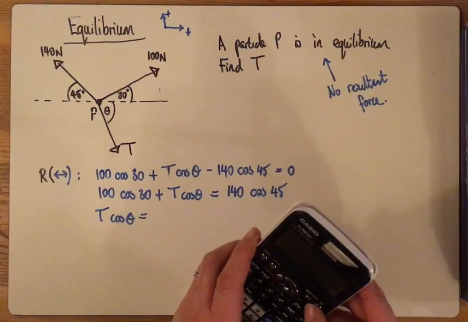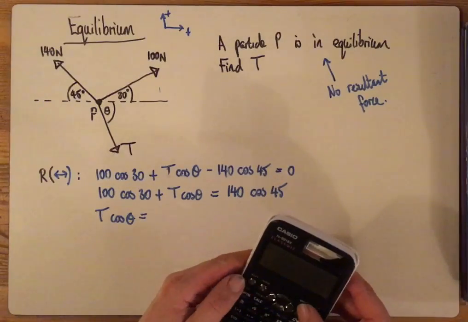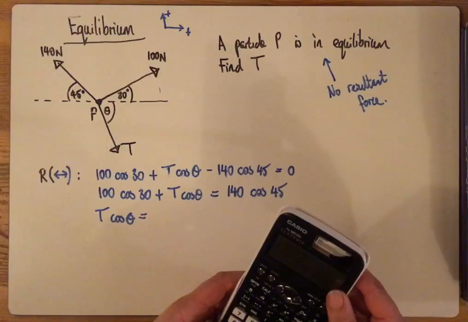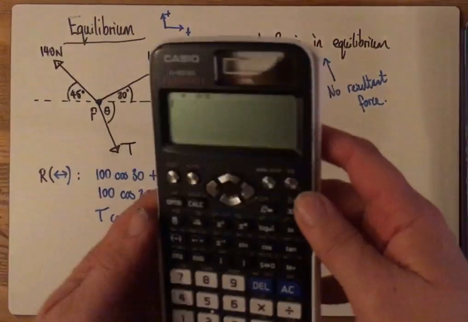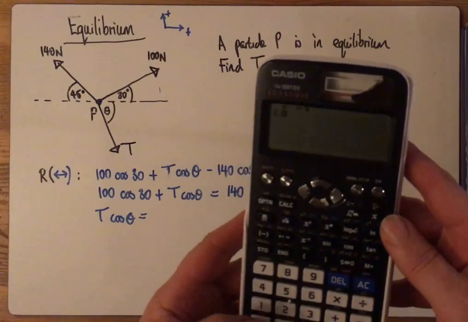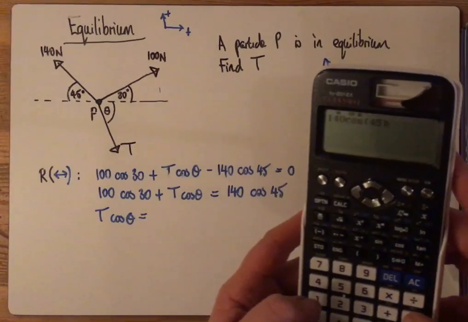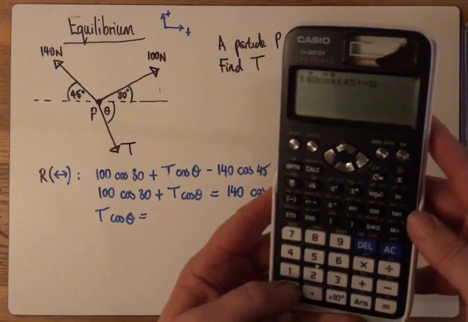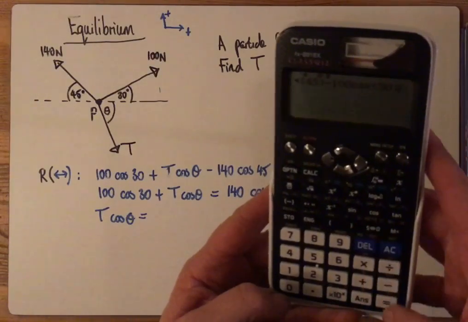On your calculators, I'm in the right mode, I think I am, angle unit degrees. Right, on your calculators, can you try and get used to storing these values? So what I want to be doing really is 140 cos 45 minus 100 cos 30.